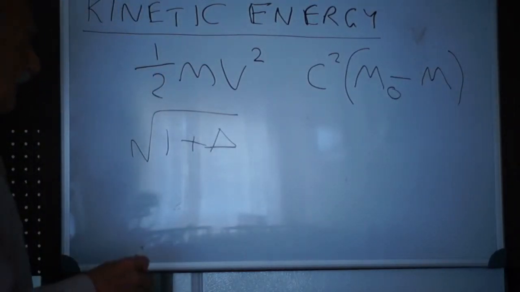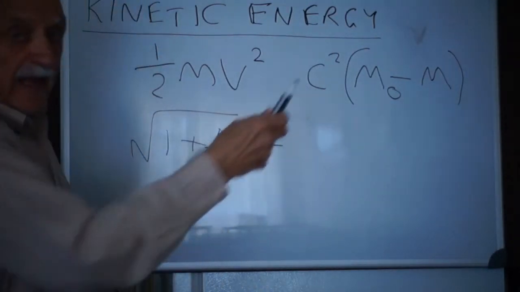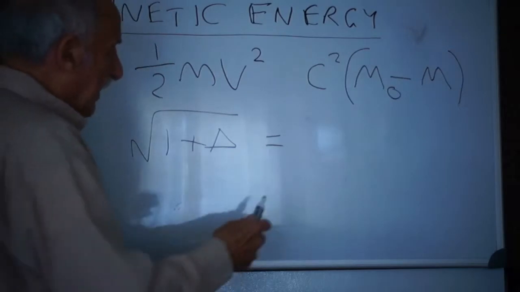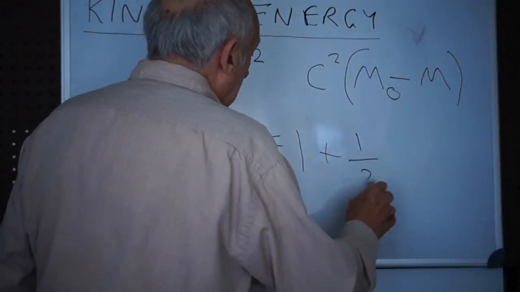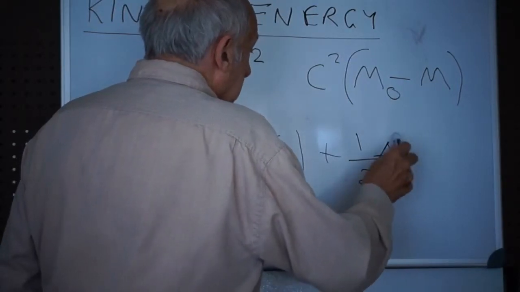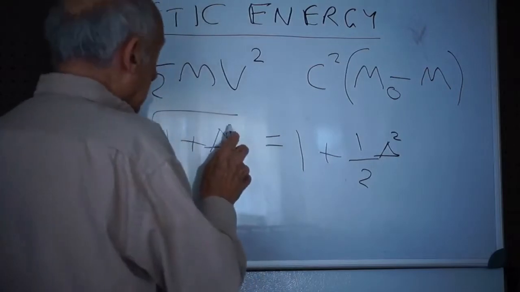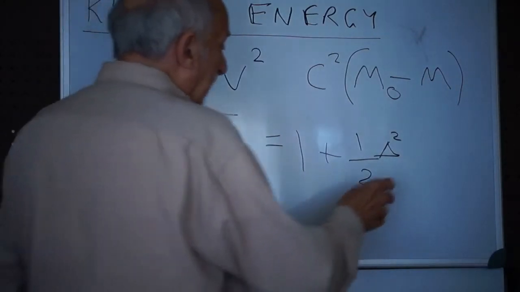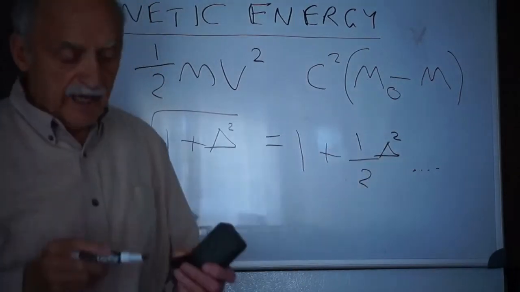You can say that that is equal to, and you then expand this into a series, and you get 1 plus half of delta squared. This is, well, this is squared, I suppose. And then you get other expressions where the power is higher.